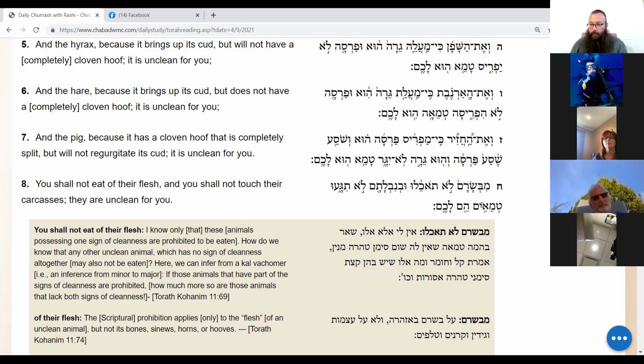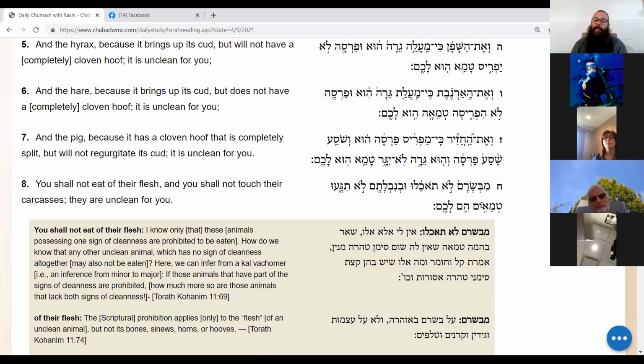Finally, number 4, and here's where the pig gets its bad rap from. That's a chazir. What's wrong with the pig? Oh, he has the opposite problem. Umafris parsa hu, his hoof is completely split. It looks kosher. Vegerah lo yigar, but he doesn't chew its cud.